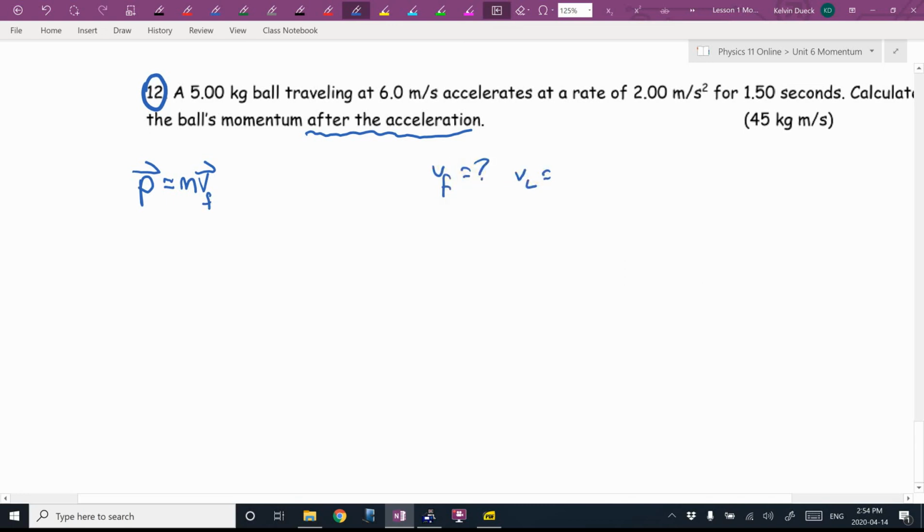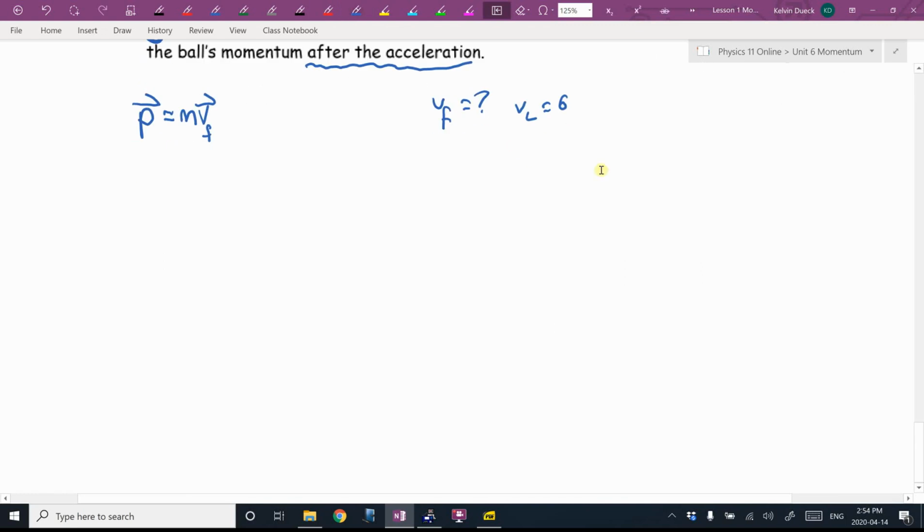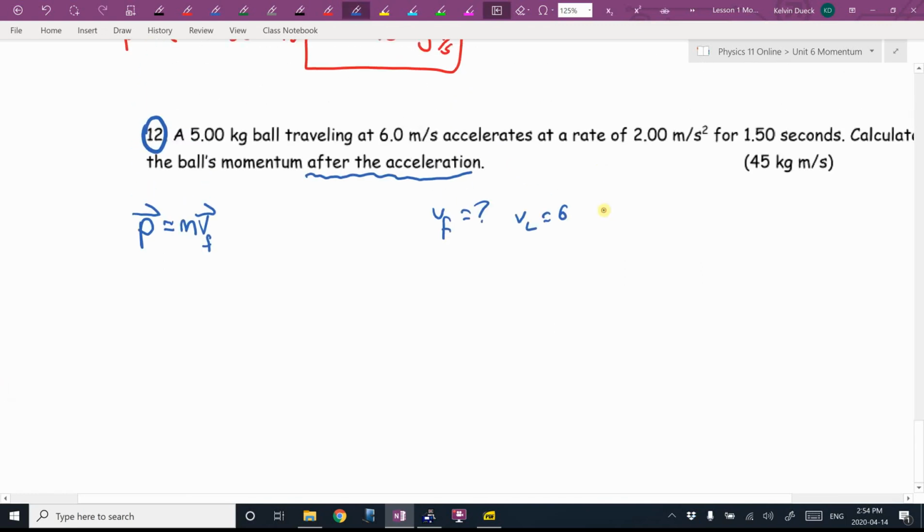V initial is 6. A is 2. T is 1.5. I can use VF equals VI plus AT. I can go 6 plus 2 times 1.5, which I'm pretty sure is 9.